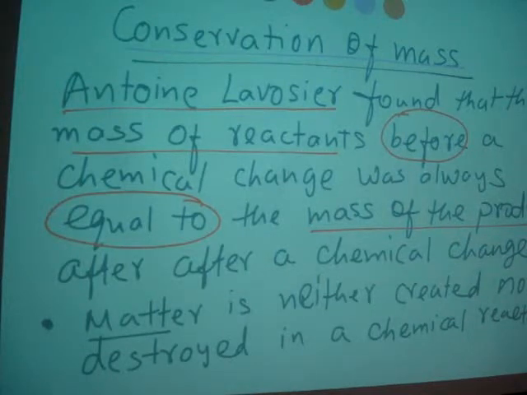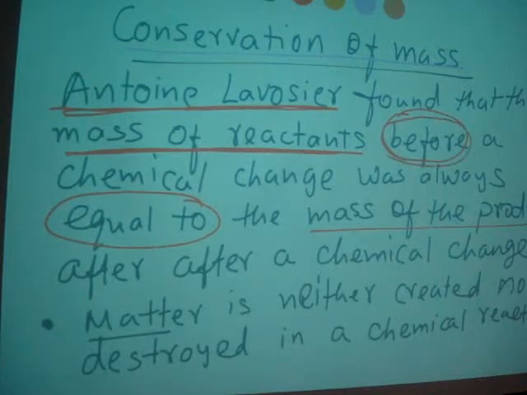Antoine Lavoisier found that the mass of reactants before a chemical change was always equal to the mass of the products after a chemical change. So before and after a chemical change, the mass of the reactants equals the mass of the products.